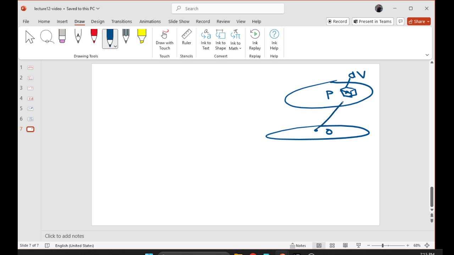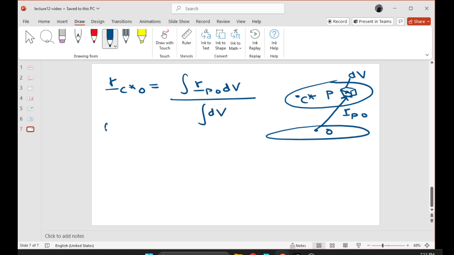Again, this position vector is RPO, and C star may be lying here, and the location of C star will be found in this manner. Mind you, the integral of dV is nothing but the total volume of the RB.